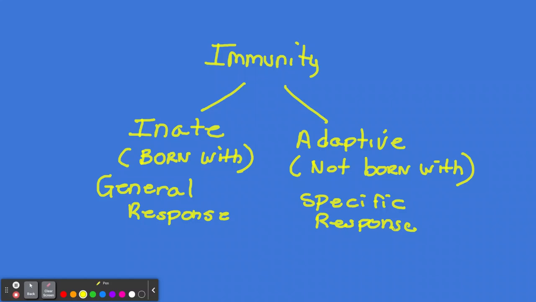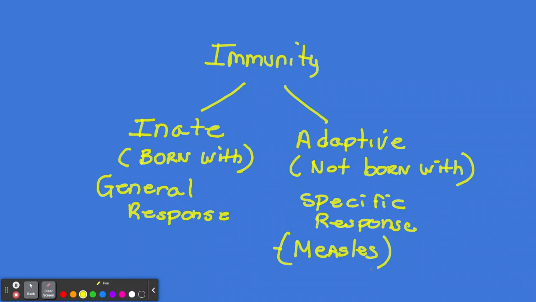But let's say an adaptive, and we're talking about adaptive in this video. There is a video on innate response immunity. But let's say you got measles, and most people in the United States had measles shots, and it's pretty much eradicated in the United States. But what happens with measles or with any type of virus or bacteria that your body is not used to, it will create a response.